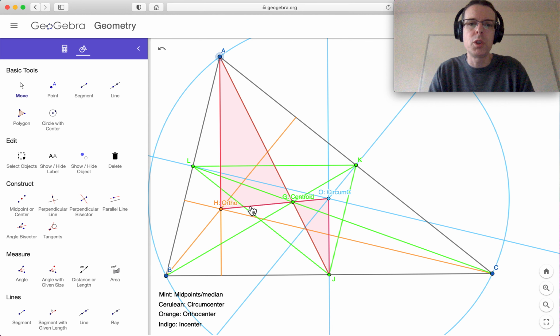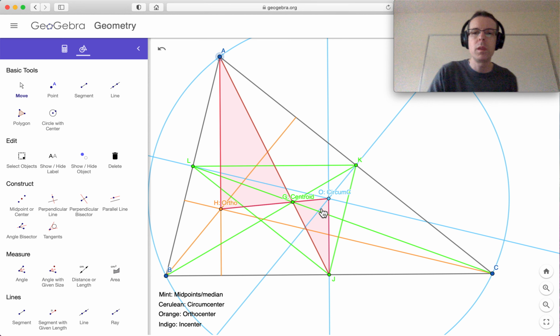So we conclude that OGH is a straight line after all. And this is the core statement of the Euler Line theorem, that the circumcenter of the triangle, the centroid of the triangle, and the orthocenter of the triangle lie together on a straight line.